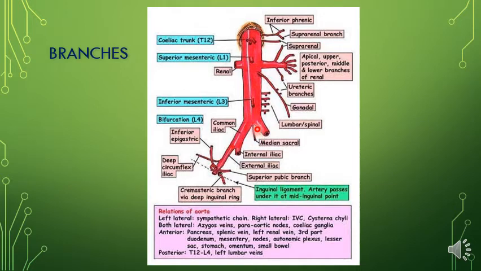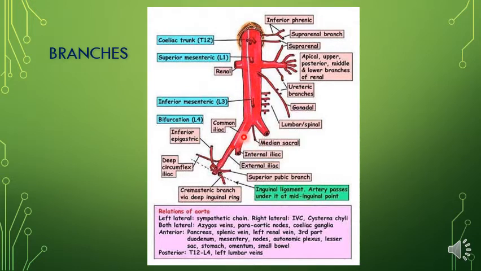It is a direct downward continuation of the primitive dorsal aorta. So these are the posterior or dorsal branches: four pairs of lumbar arteries and one median sacral artery, which is a direct continuation of the primitive dorsal aorta.